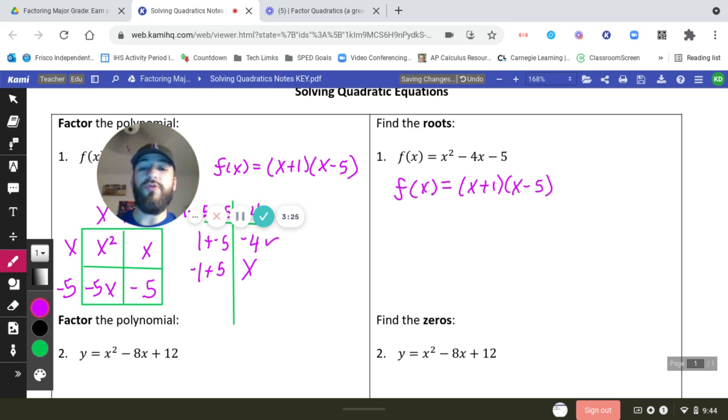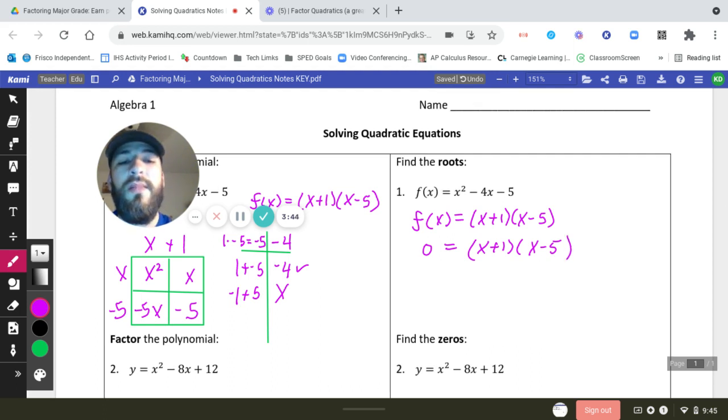To find my roots, which remember are the same as zeros, x-intercepts, solutions, so really I'm finding my solutions, I'm going to take this function and set it equal to 0, because our roots or our x-intercepts occur when y is equal to 0. And remember, f of x is the same thing as y. So if x-intercepts occur when y is equal to 0, then I can set my factored form equal to 0 to find when my x-intercepts are.